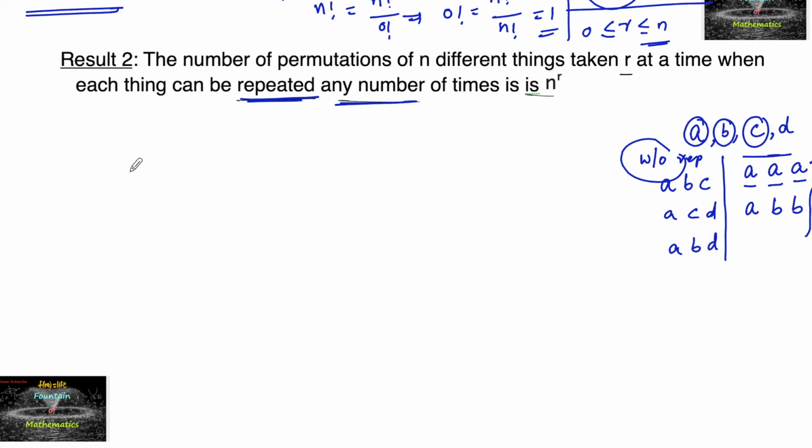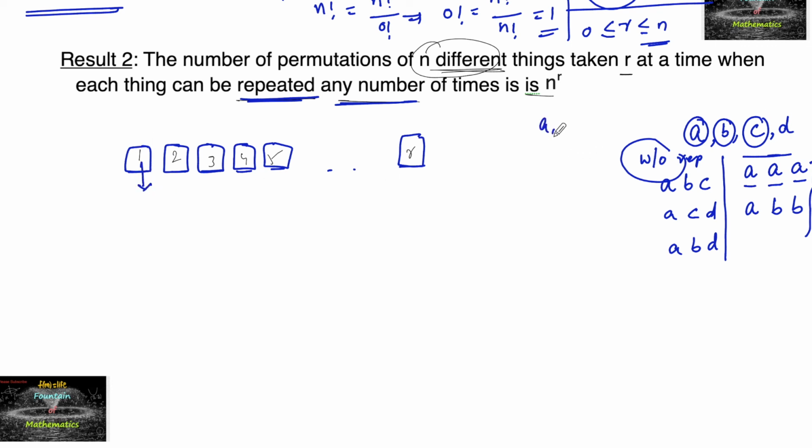If there are r vacant places, first box, second box, third, fourth, fifth, and so on up to the rth box, so r boxes are there, and there are n different objects. Each thing can be repeated. In the first box we can write, among n different objects, a1, a2, and so on to an.